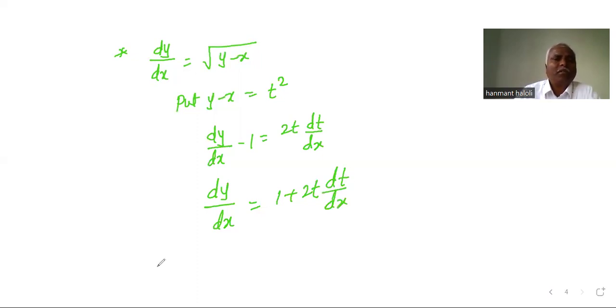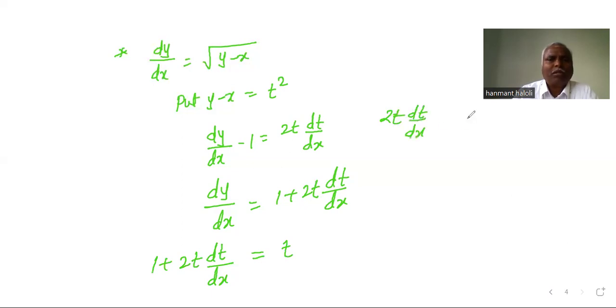Then the question becomes 1 plus 2t dt upon dx is equal to root of t square, means t. This whole bracket is t square and the root is there, so it is t. Now you can separate these variables. How to separate it? 2 into t dt upon dx equal to t minus 1. Now you can separate here.